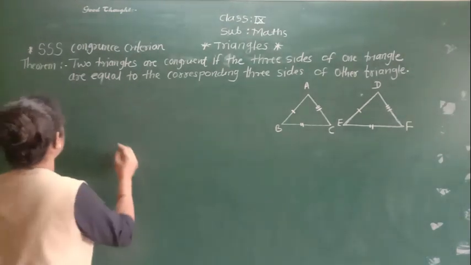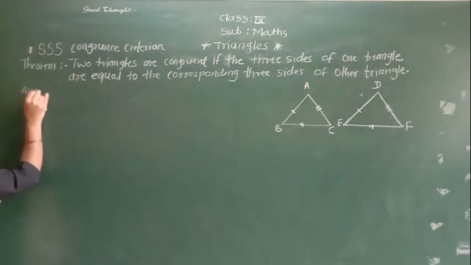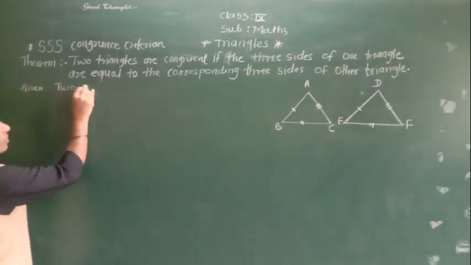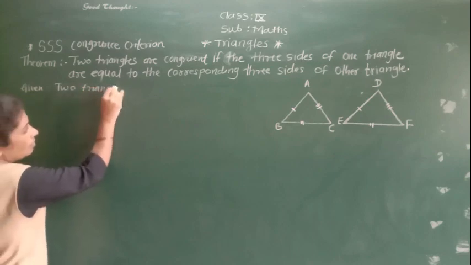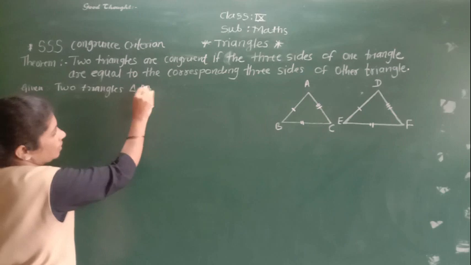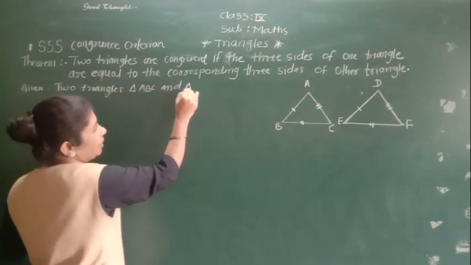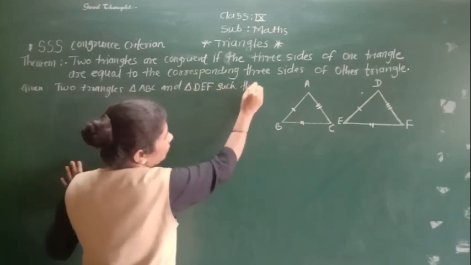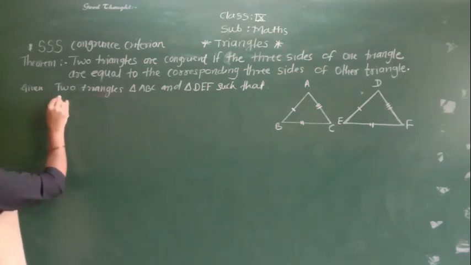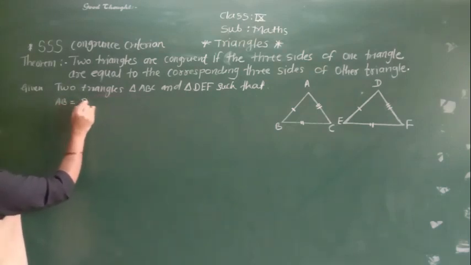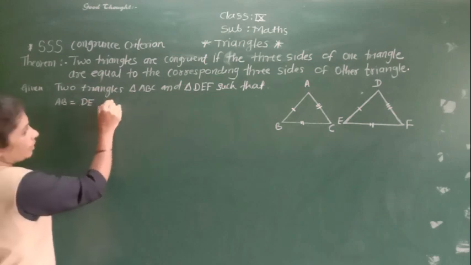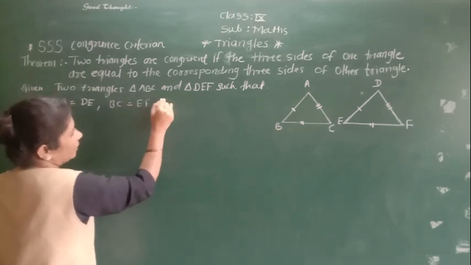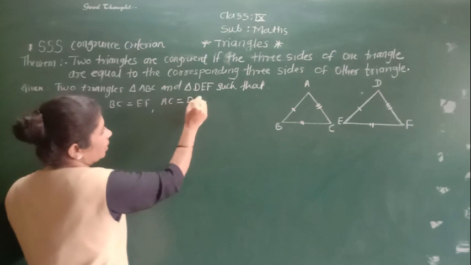So what is given to us? It is given that there are two triangles, triangle ABC and triangle DEF, such that AB equals DE, BC equals EF and AC equals DF.